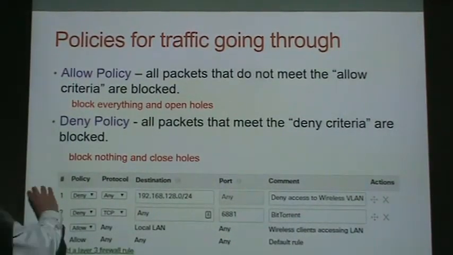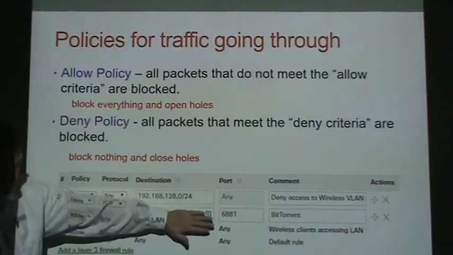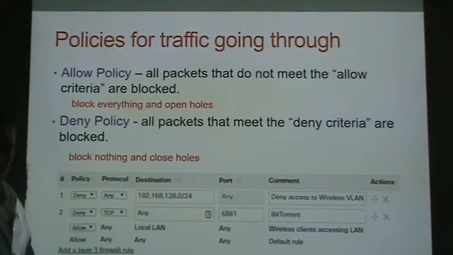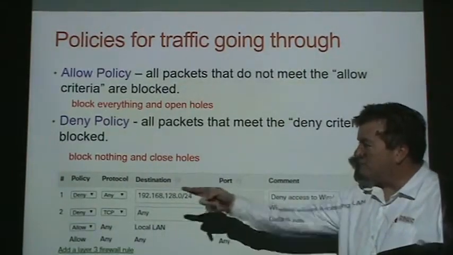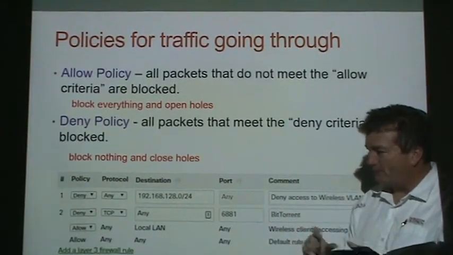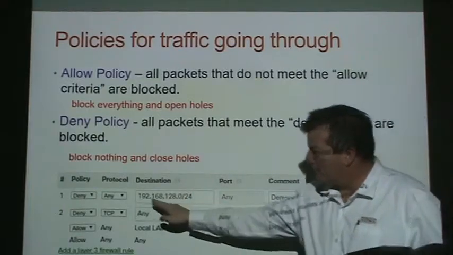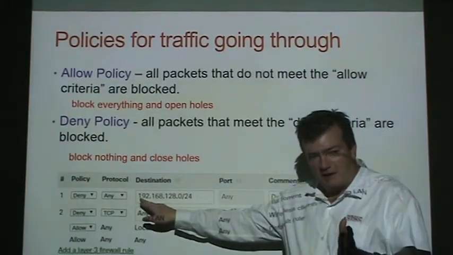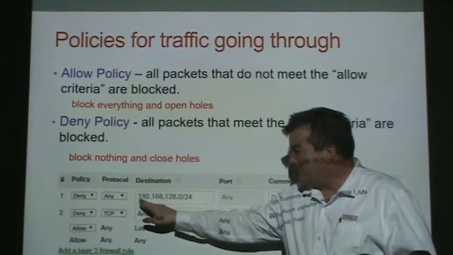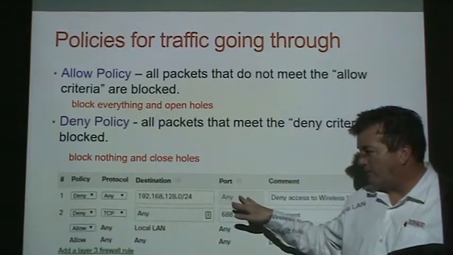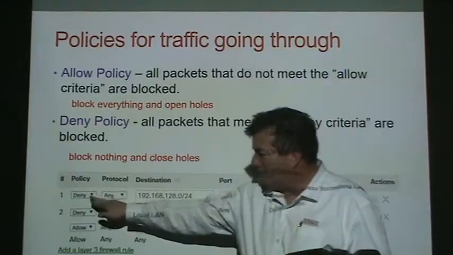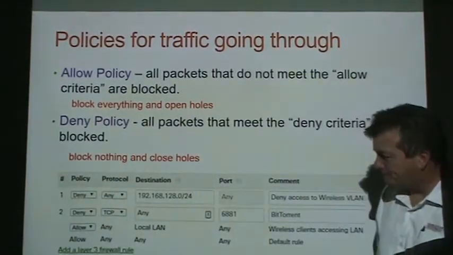We could just keep adding rules as time goes on. But if this was my only rule, then any message coming into my computer, I'm going to read the TCP header, and if it's coming from this IP address, it doesn't matter what the port is, I'm going to block it, because I set it up as a block.